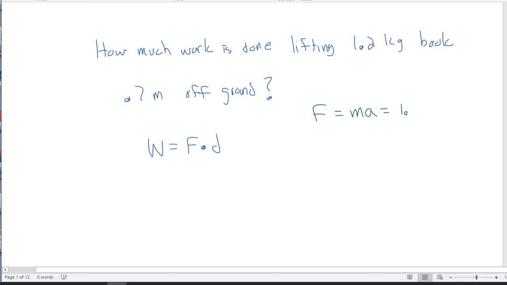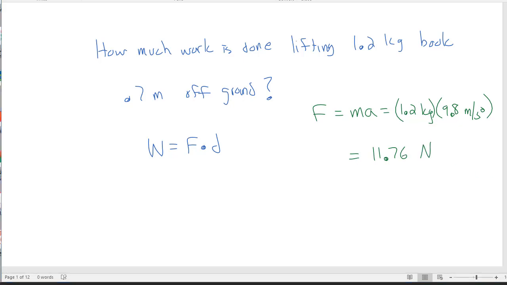So our mass is 1.2 kilograms, and we have 9.8 meters per second squared as our acceleration due to gravity. If I multiply those two together, I get 11.76 newtons of force.